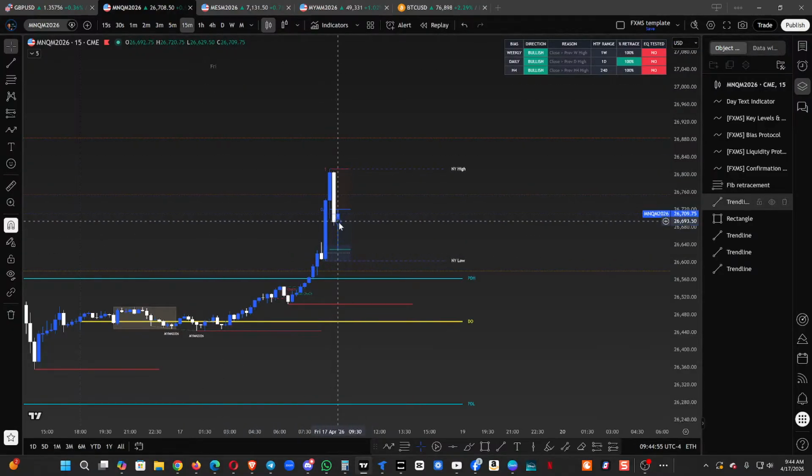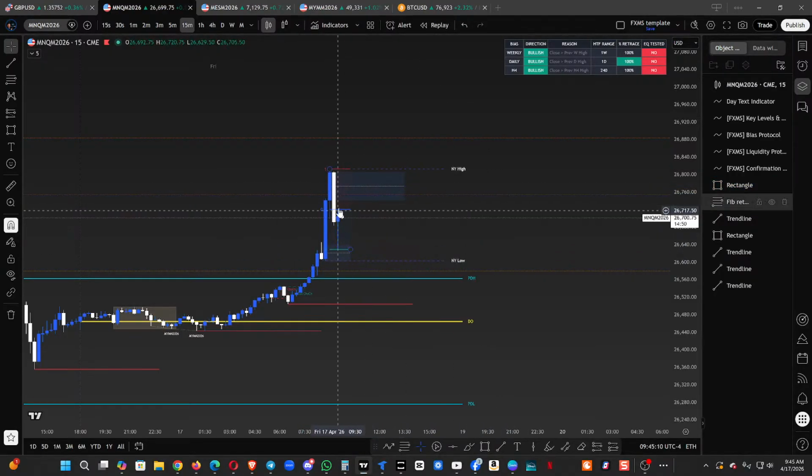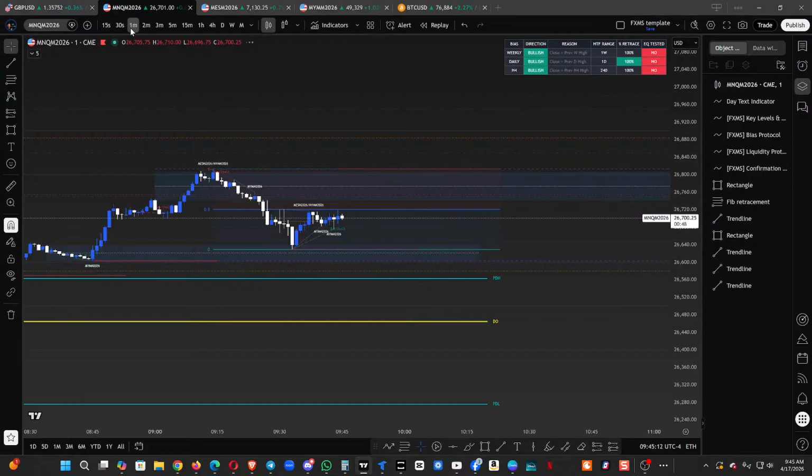We did stay under the 50% here, but I would like to see it now take those highs and trade into this OB. So we got a 15-minute OB here. Good close. Right, highs remain. Divergence highs as well. So let's see if we come back and sweep the 50%, hit the order block, and come down.